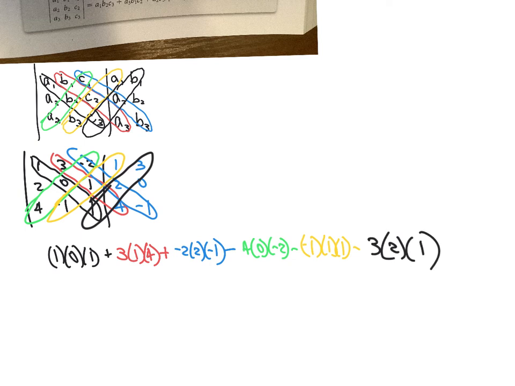So you can pretty much do this in your head. 0 times anything is 0, plus 12, plus 4, minus 0, plus 1, minus 6. So there's 12, 16, 17, minus 6 is 11. So it's that easy.